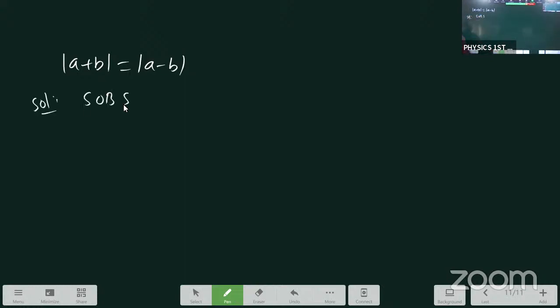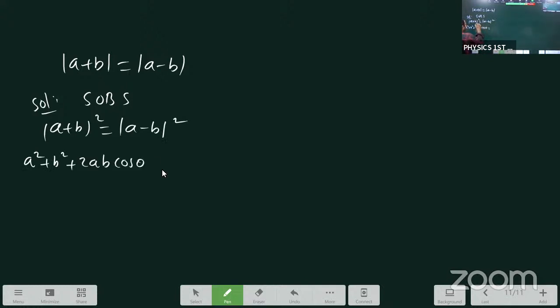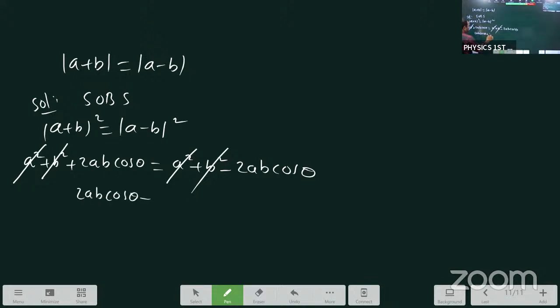Squaring on both sides, a plus b whole square equals a minus b whole square. Left side: a square plus b square plus 2ab cos theta. Right side: a square plus b square minus 2ab cos theta. Here a square and b square cancel each other.